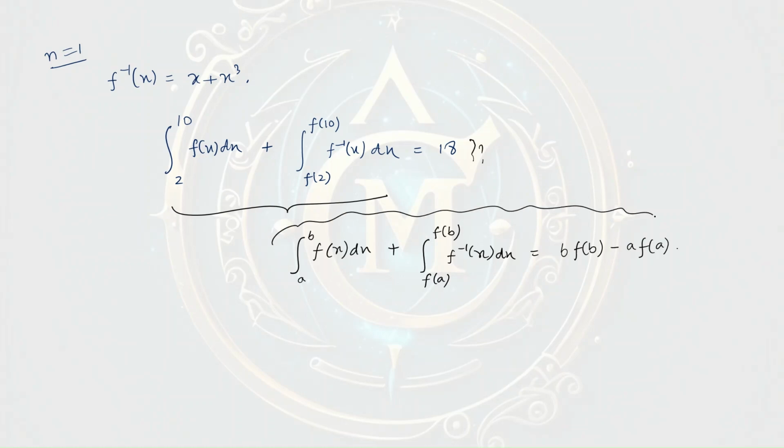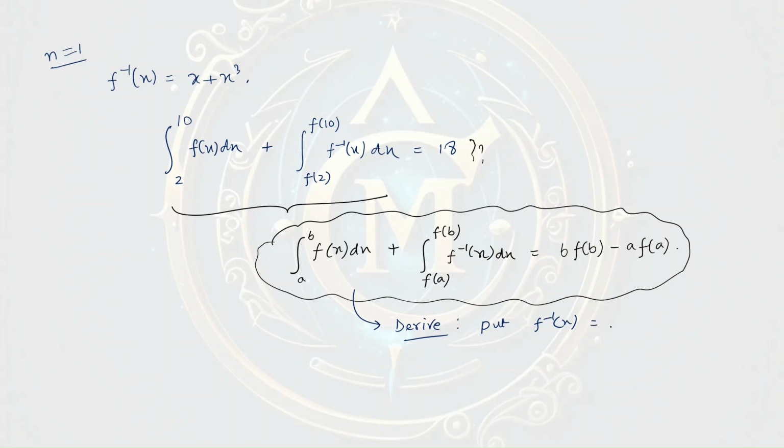This you have to remember. But how can we derive it? We can derive it by putting f inverse x equal to some variable t in the second integral. Then you will get f of t equal to x, so you can differentiate and proceed.